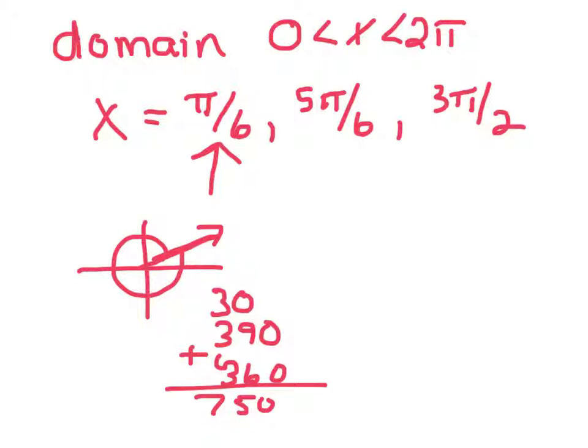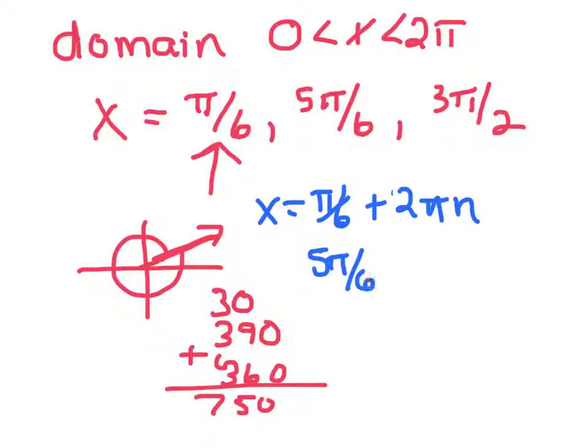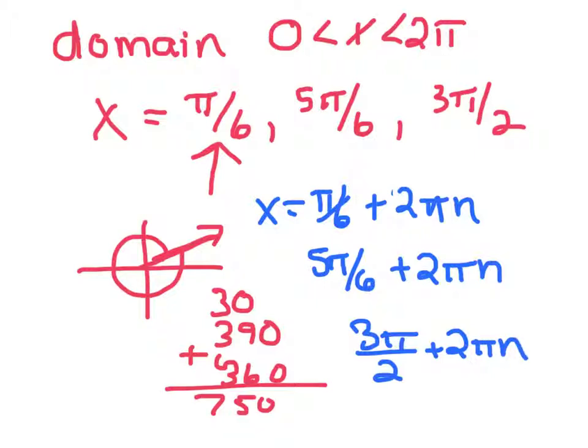So if your domain is not limited, then your answer will be x is equal to pi over 6 plus 360 n, or actually, let me keep with the same units, 2 pi n, where n is an integer, and 5 pi over 6 plus 2 pi n, where n is an integer, and 3 pi over 2 plus 2 pi n, where n is an integer.